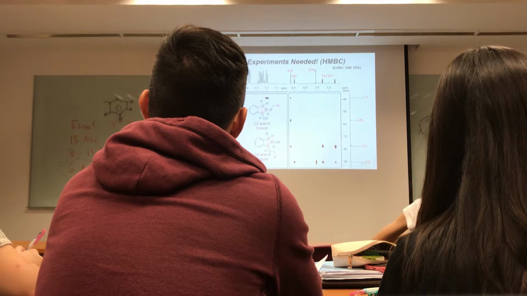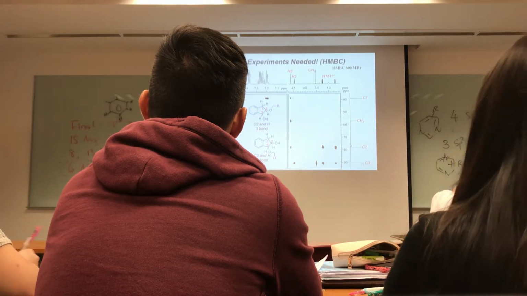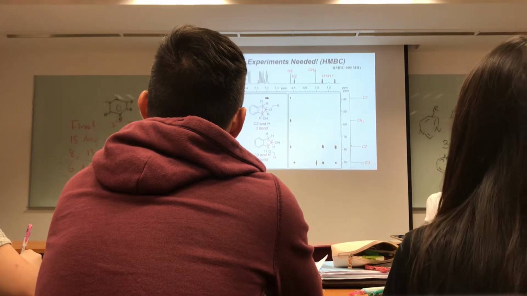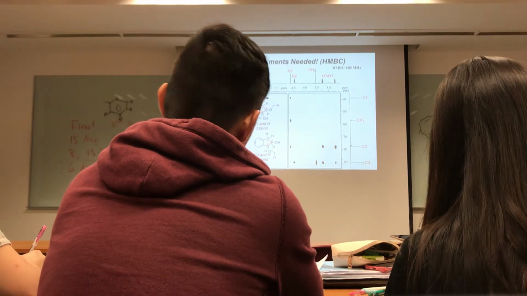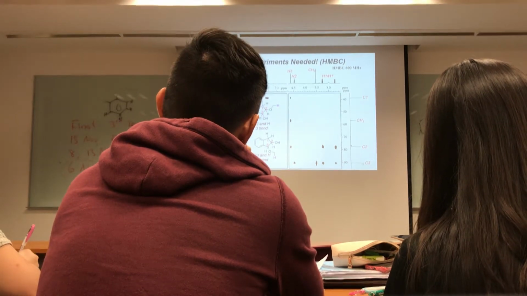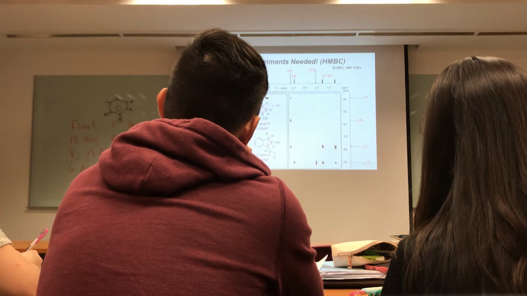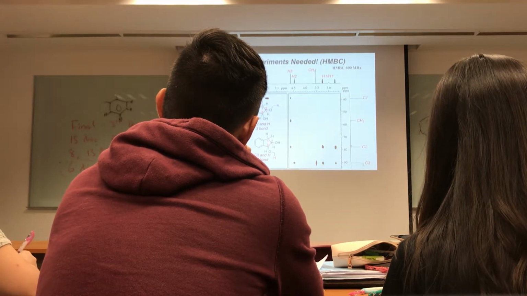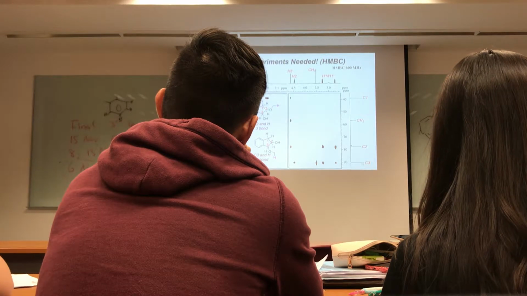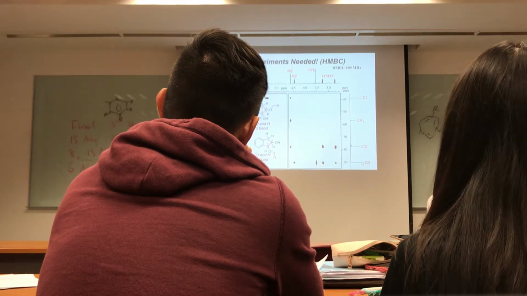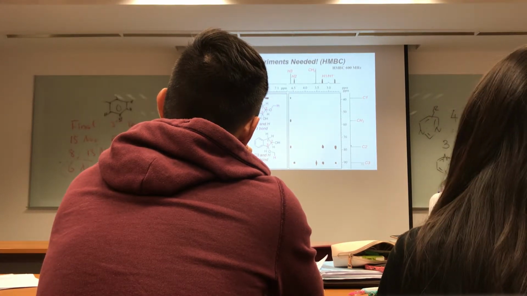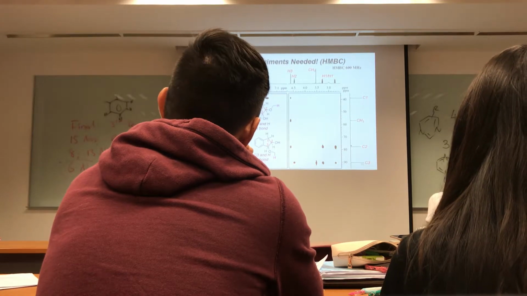Now you see, if we have HMBC spectra for those compounds, we can tell which compound has this spectrum. If it's the top structure, this purple methyl proton will see carbon 2. If it's the bottom one, this purple methyl proton will see carbon 3.